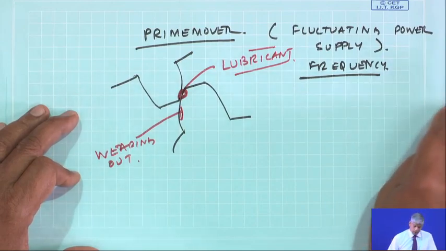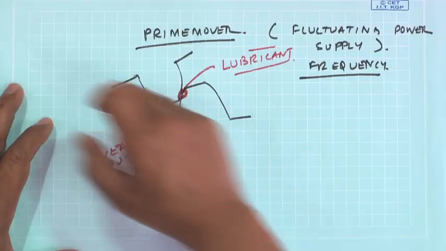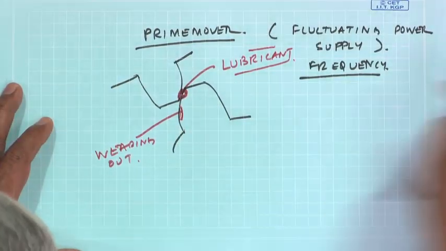Then there is the presence of foreign particles in a gearbox. I have been to plants where, when we open up the gearbox, I see on the sides a lot of sludge. Over a period of time, the gearbox was not overhauled, and a lot of this sludge formed because the debris and the oil get deposited, and they become like a grinding media, and they wear out the particles. And as you know, these surfaces have to be very hard, and they undergo heat treatment.